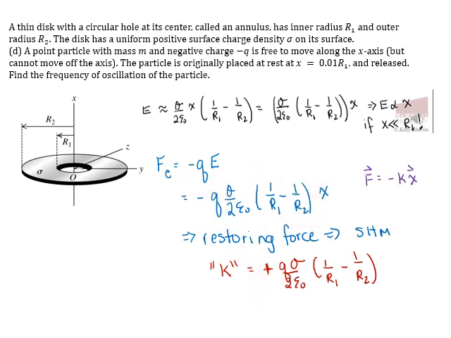To get our frequency of oscillation, we remember that our angular frequency would be the square root of that constant divided by the mass, and that's equal to 2 times pi times f.